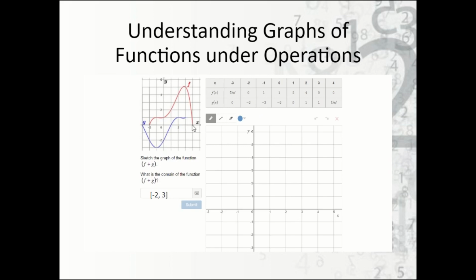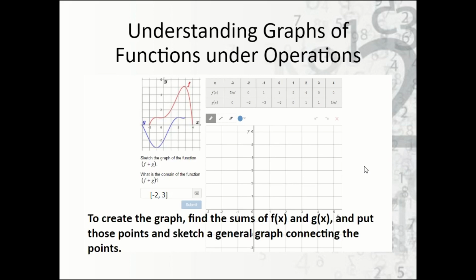Now, notice this one goes to 4, and this one goes beyond that. So why is that? Well, it's the parts that are in common. Over here, there's no f value, so this is undefined at that part for f, so that makes the whole thing undefined when we add it together. So it ends right here at negative 2. Just like this one ends at 3, so we would say from negative 2 to 3 is where this exists.